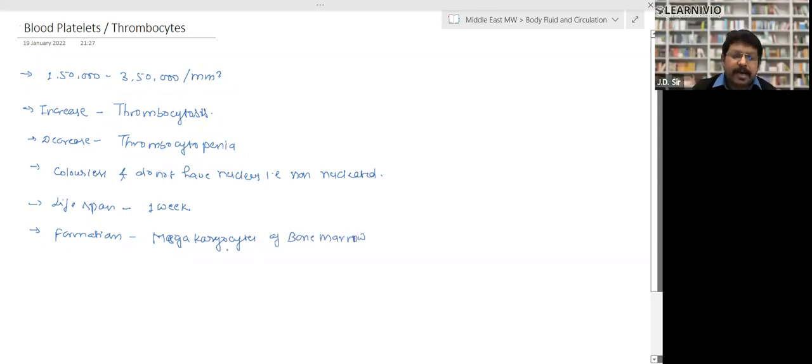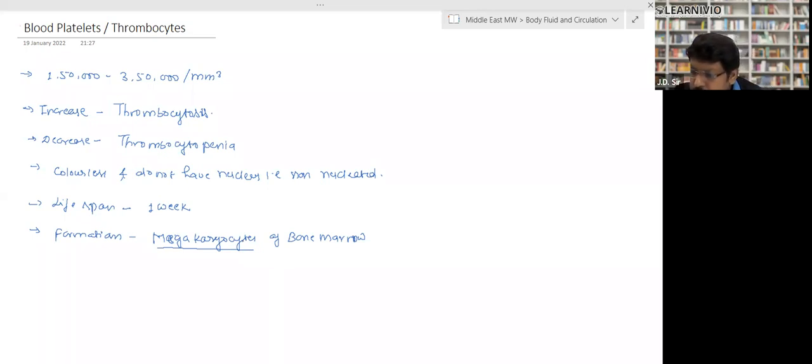Formation of platelets takes place in the megakaryocyte cells. Is it clear to all of you?